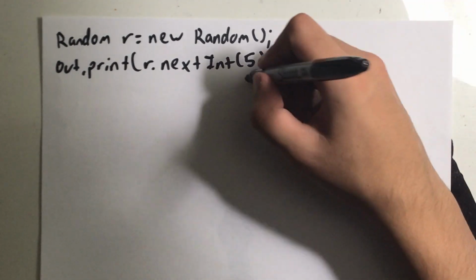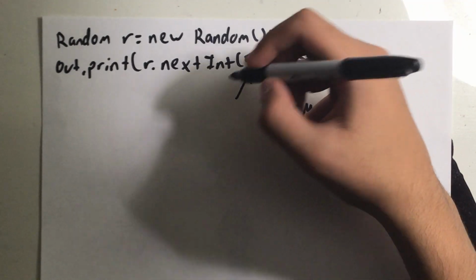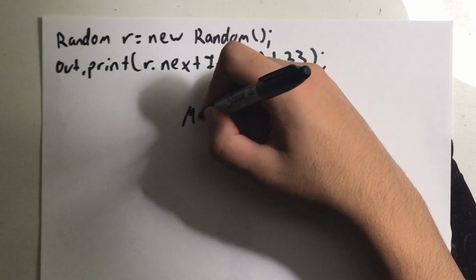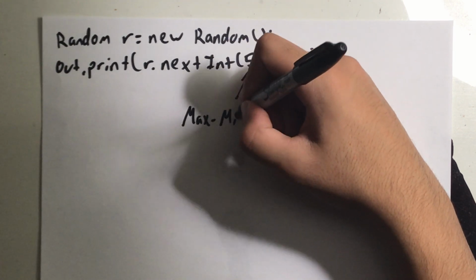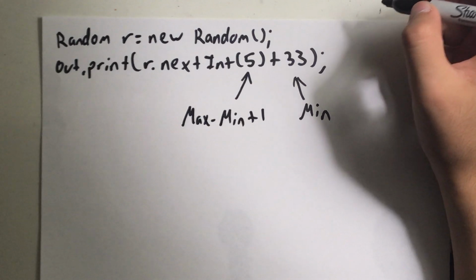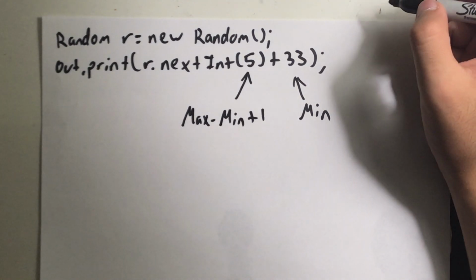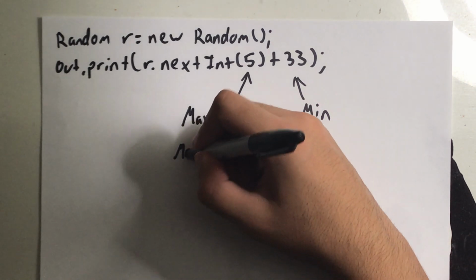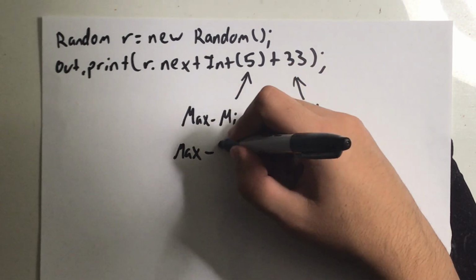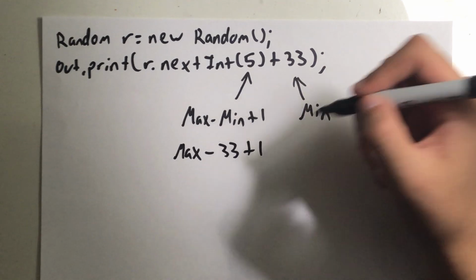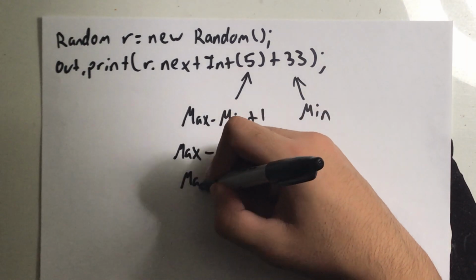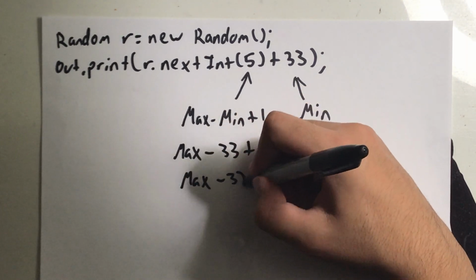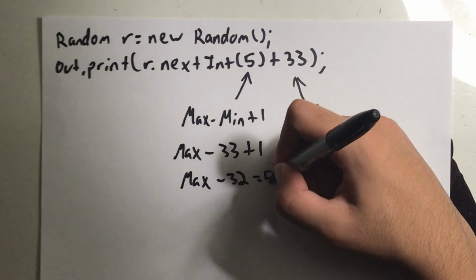This number, I had a formula for it. It's max minus min plus 1. So if your min is 33, then it's going to be max minus 33 plus 1, which is max minus 32, which equals 5.